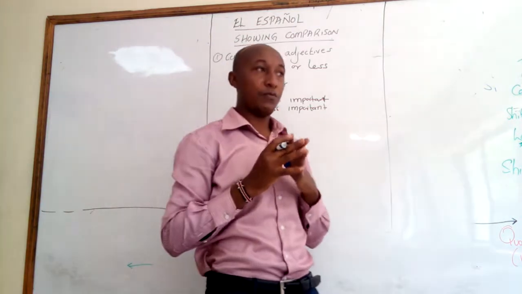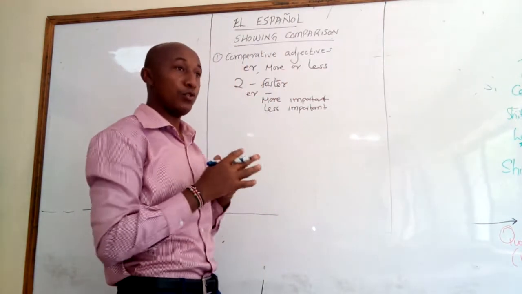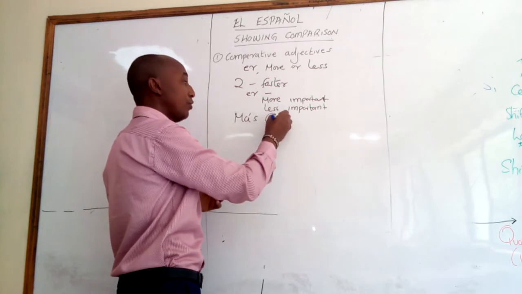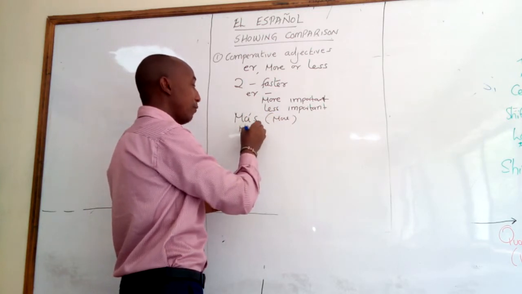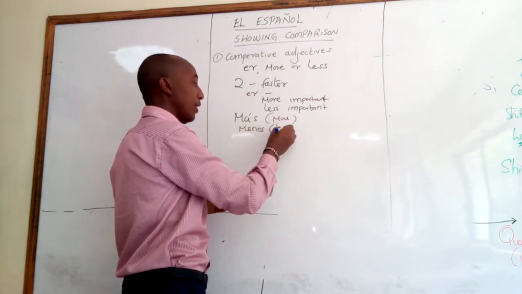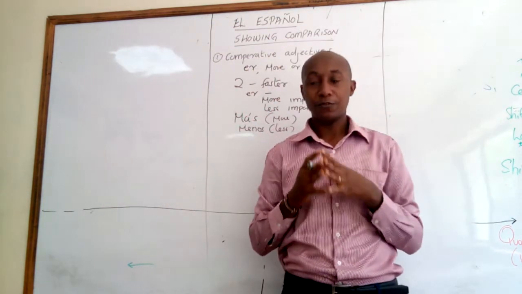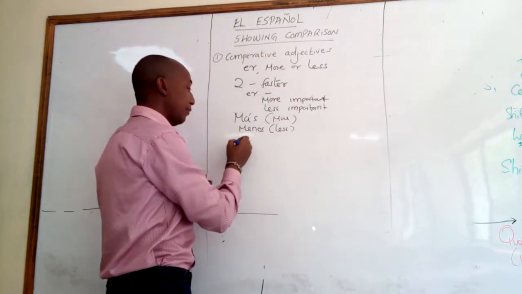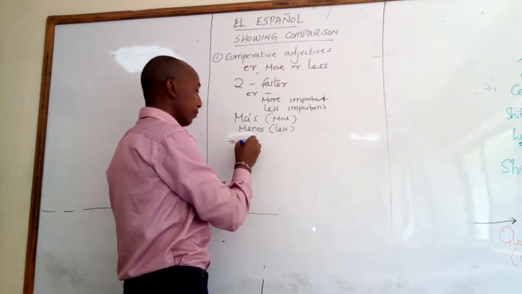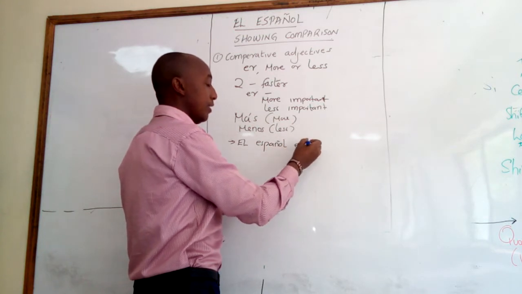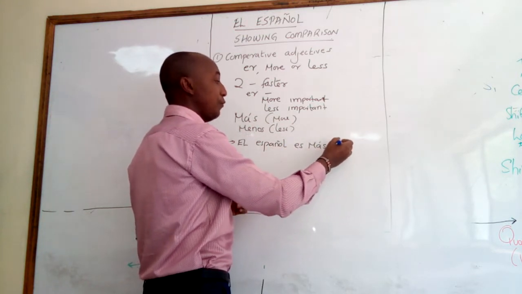This is a very good note to understand. If you want to do the same in Spanish, we're going to use más. In this case, this will translate to more. Then we also have menos that translates to less, because the er does not exist in Spanish. For example, we're going to have en español es más difícil.